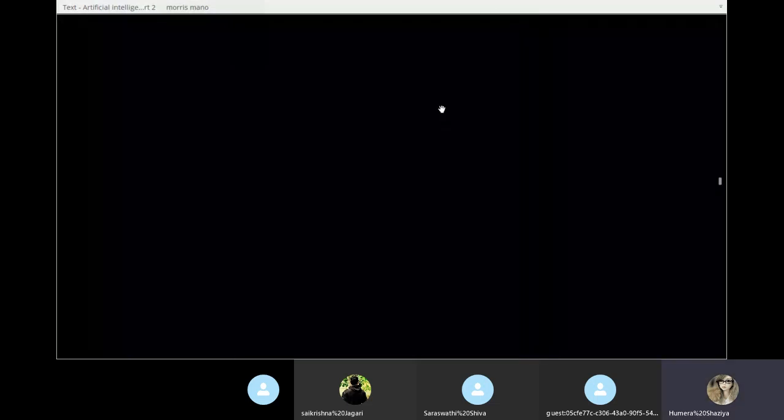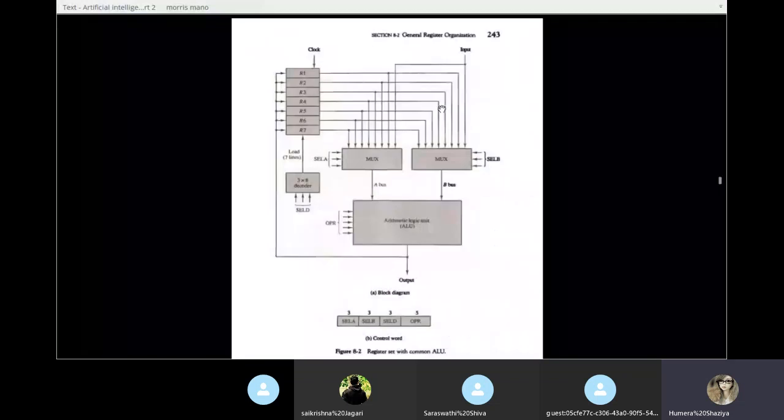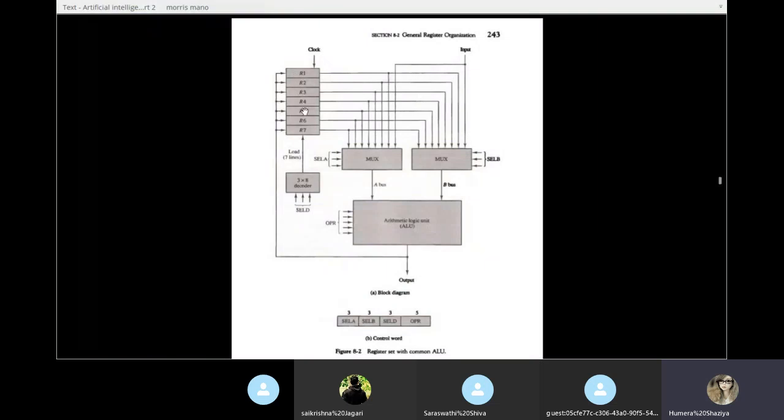Okay, this one, we have 7 different registers. Look at here: R1, R2, R3, R4, R5, R6, R7. These are 7 general purpose registers in a processor. All right. Next, you have ALU, which is also a component of a processor, arithmetic and logic unit.